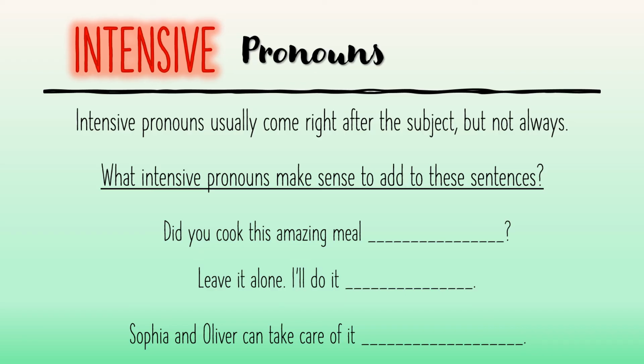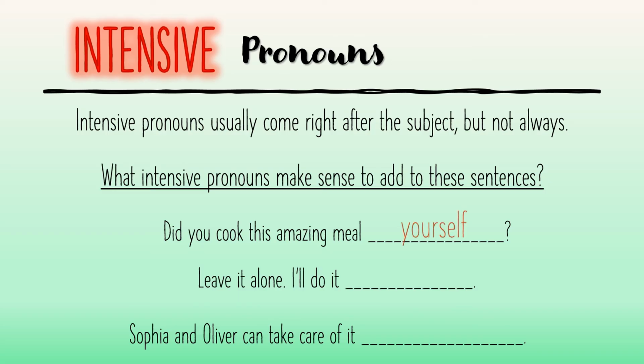Intensive pronouns usually come right after the subject, but not always. So let's take a look at these 3 examples that are blank, and I want you to ask yourself, what intensive pronoun can we add to make sense of these sentences? Did you cook this amazing meal? Blank. Our original pronoun in the sentence is you, so we can add our intensive pronoun yourself.